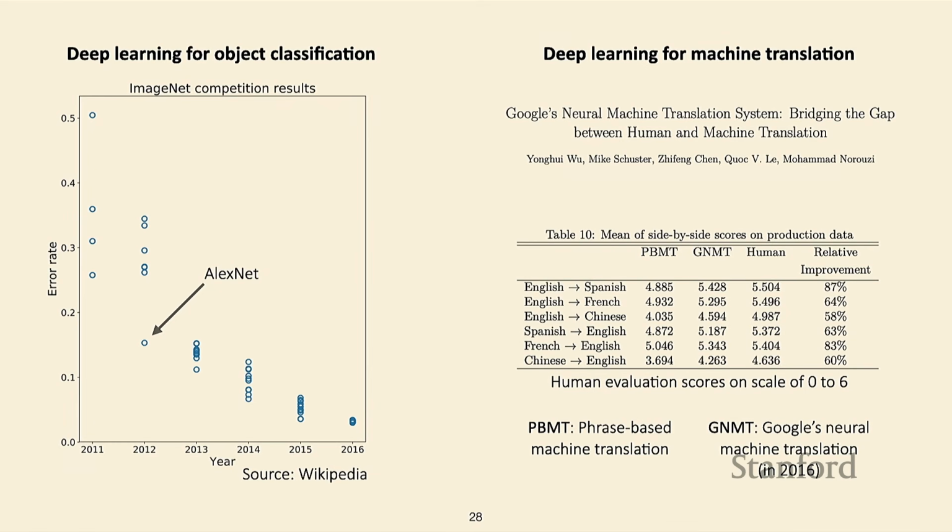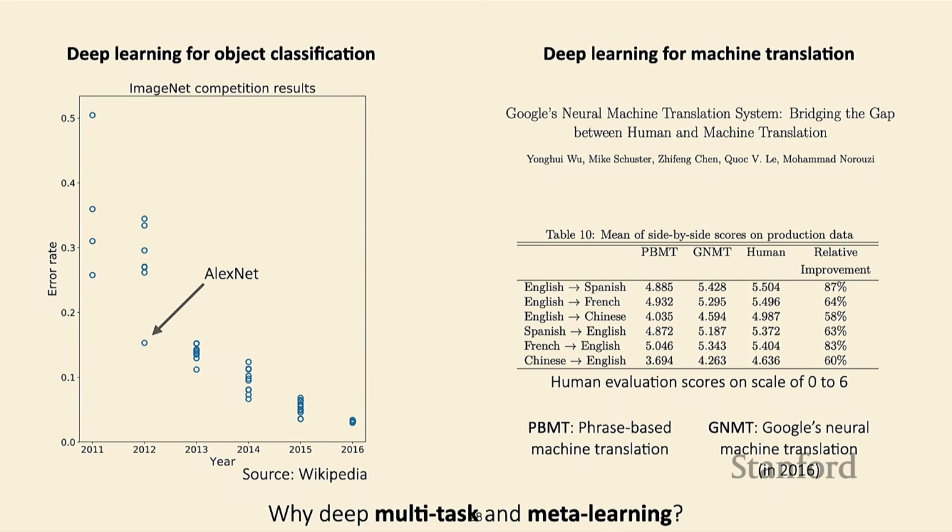And we again see really large improvements, like 60 to 87% improvement on these different translation tasks. And now systems like Google Translate use exactly these kinds of models when making predictions, and they work. There's still obviously lots of room for improvement in the translations, but they work far better than the previous systems.